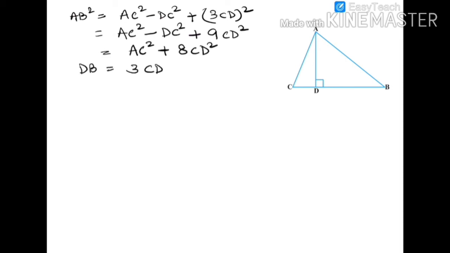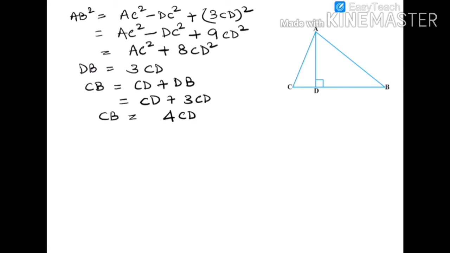What we are going to do is find CD in terms of BC using this information. CB in the figure is CD plus DB. But DB is 3 times CD. That is 4 times CD. So this implies that CD can be written as 1 by 4 times CB.